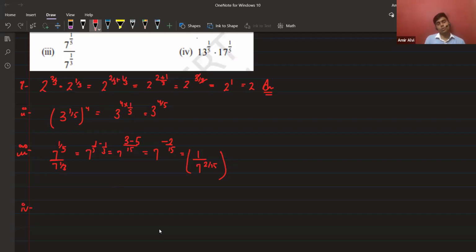One of the laws is applicable on it. Clear, Simrat? Done?